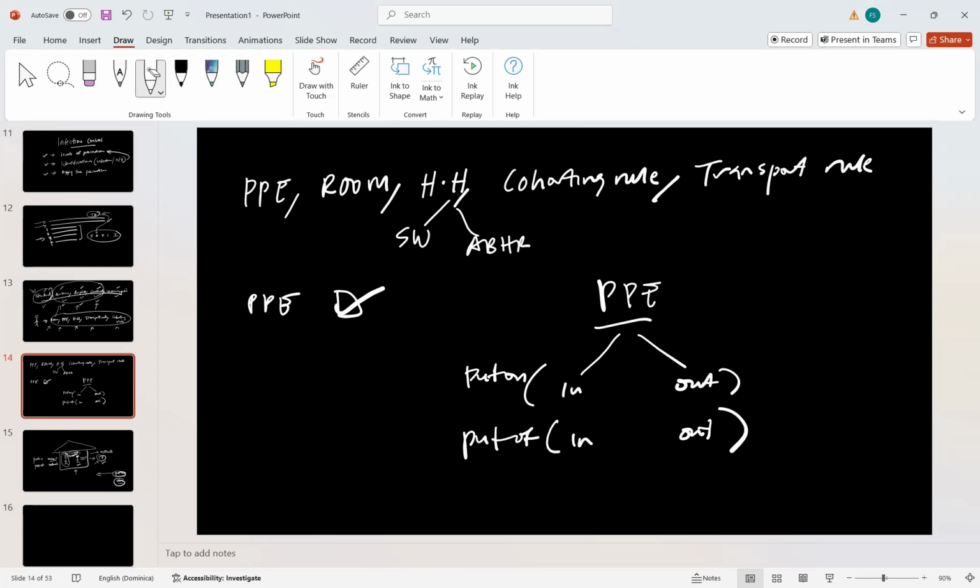Now, for airborne and droplet, when it comes to putting on, we use outside, outside, outside, everything. But when we are trying to put off, for contact we put off inside.